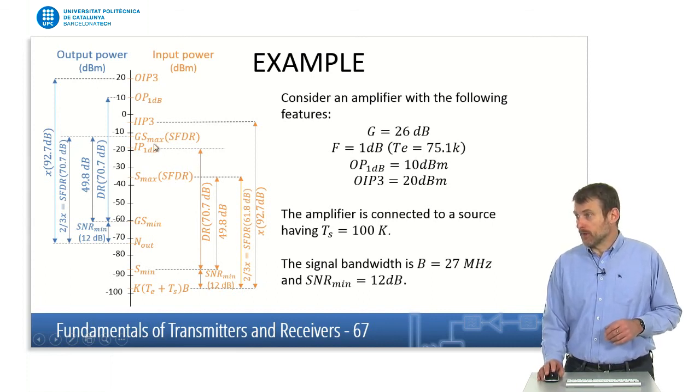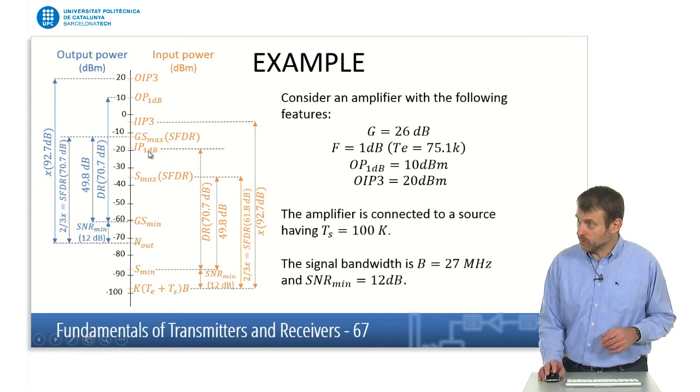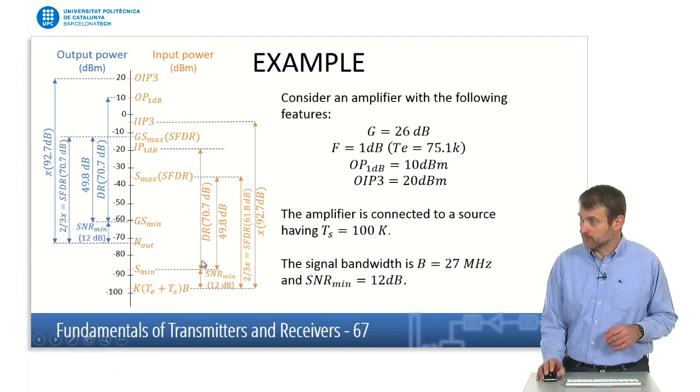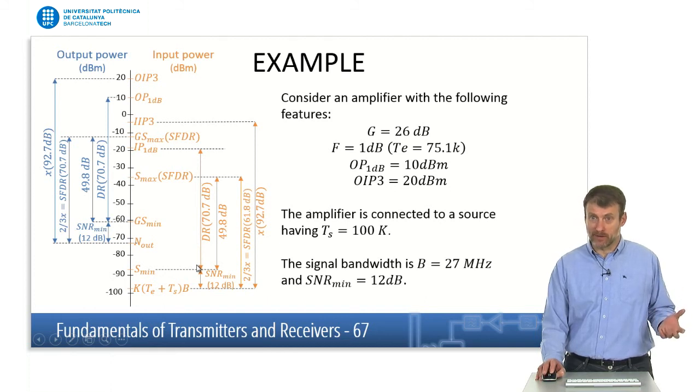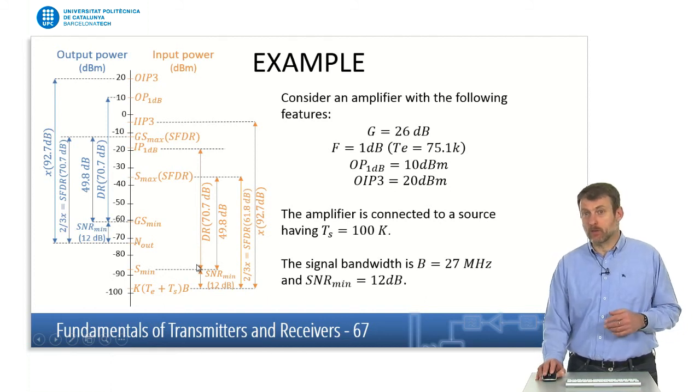On the other hand, the 1 dB compression point referred to the input is this quantity, and this difference between the 1 dB compression point and the minimum signal gives us the dynamic range. So, this power range from here to here would be the range of signal power at the input at which we satisfy the signal to noise ratio and in which we don't have gain compression, right?